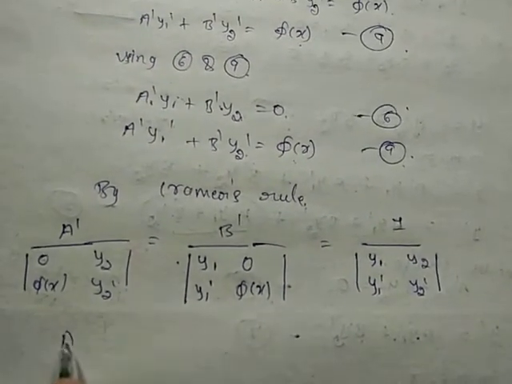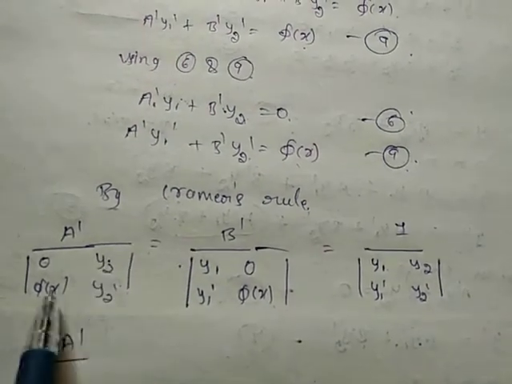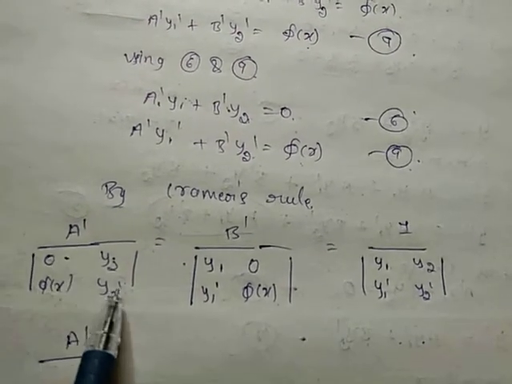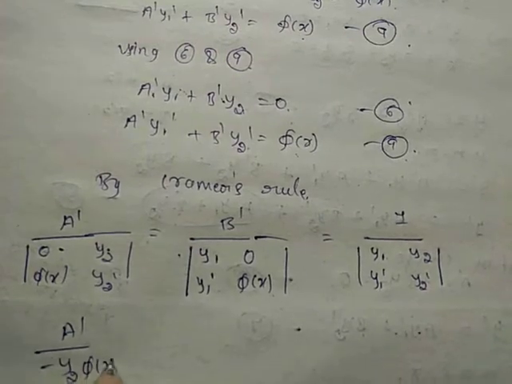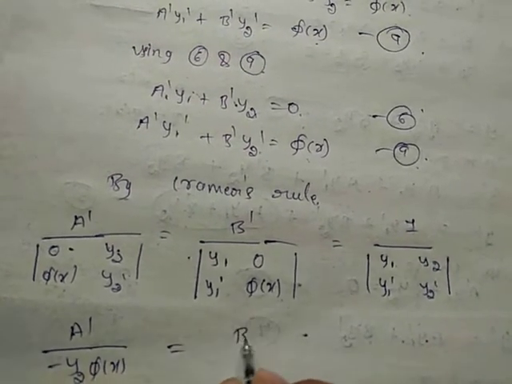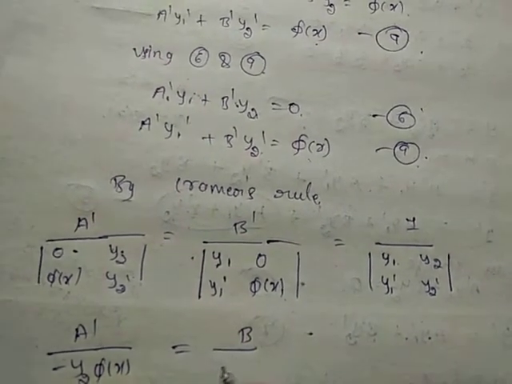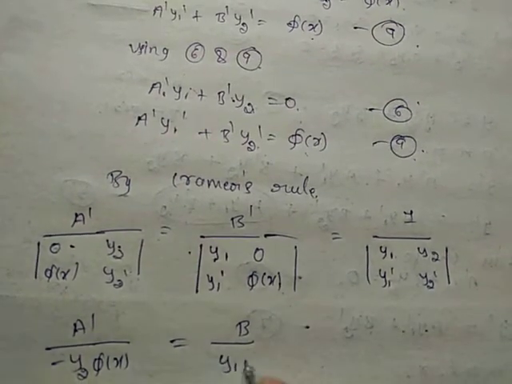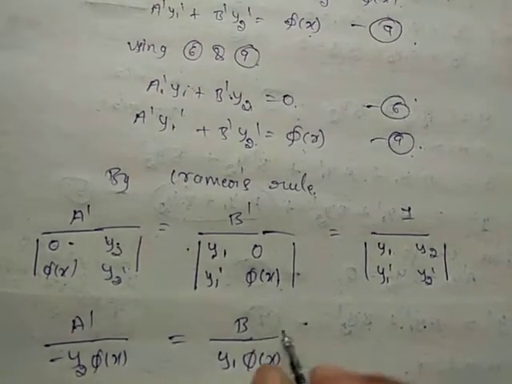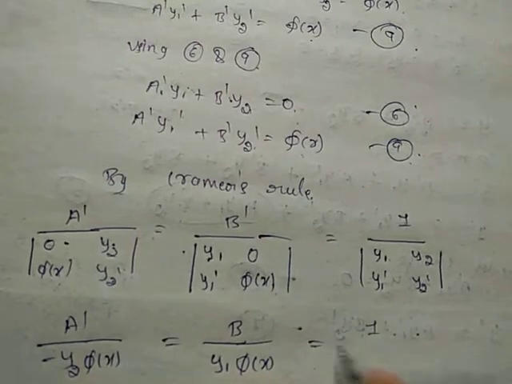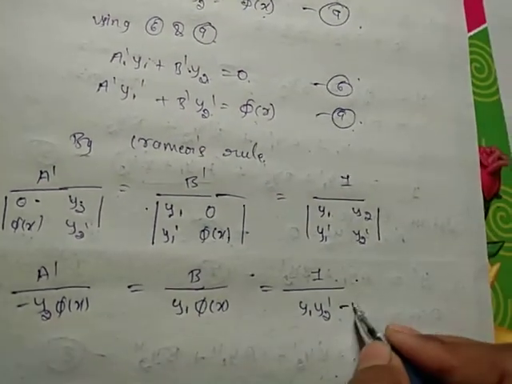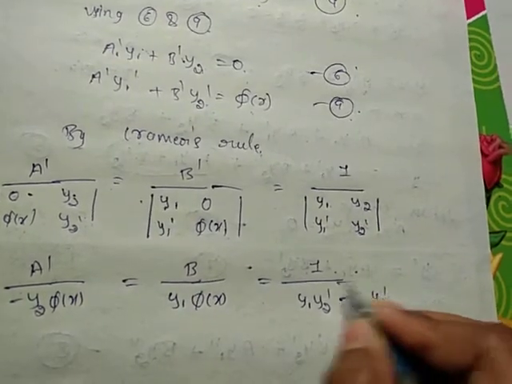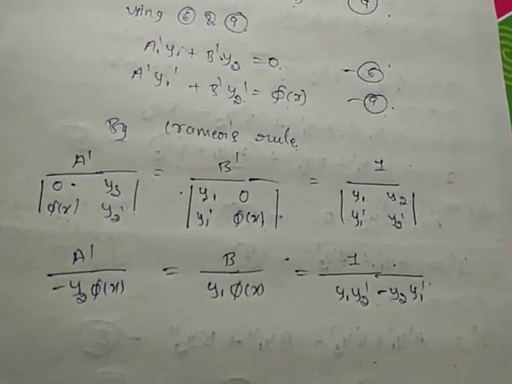Solve this equation. a dash divided by y2 into 0 into y2 dash minus y2 into xi of x. b dash divided by y1 into xi of x, constant divided by y1 into y2 dash minus y2 into y1 dash.